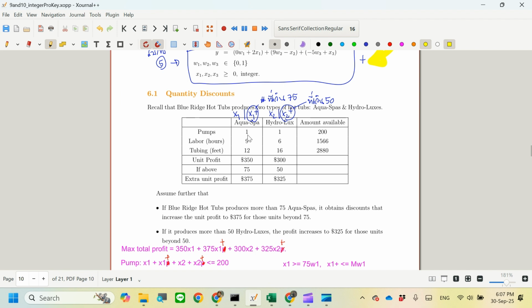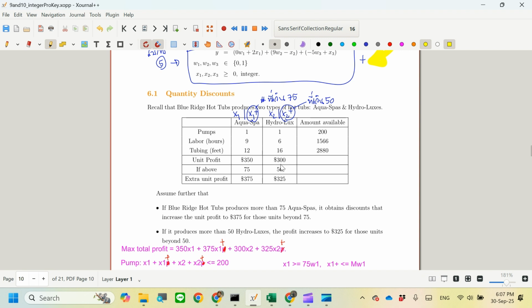One unit of Aqua Spa uses one pump and one unit of Hydrolux uses one pump. And then we have 200 pumps available and 1566 labor hours and 2,880 feet of tubing. For anything below 75 units, we get a profit of 350, and if we produce more than 75, we get a unit profit of 375.